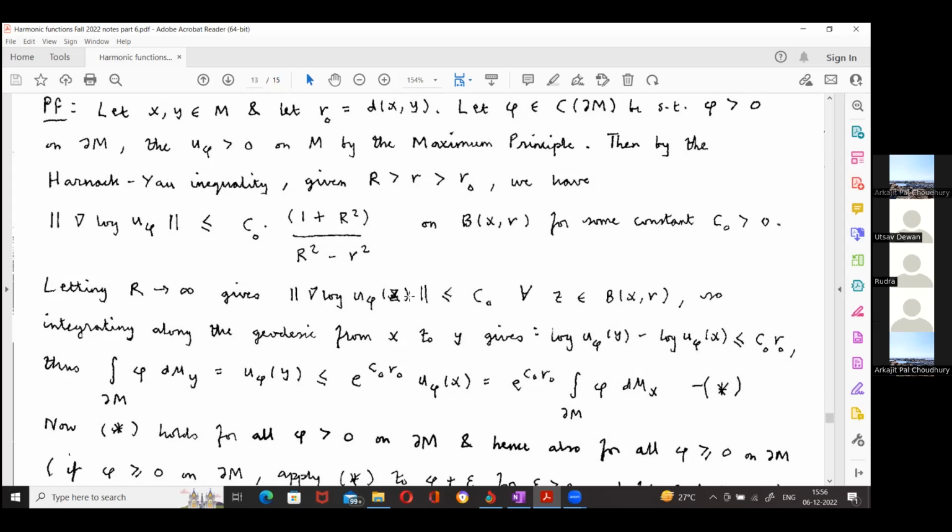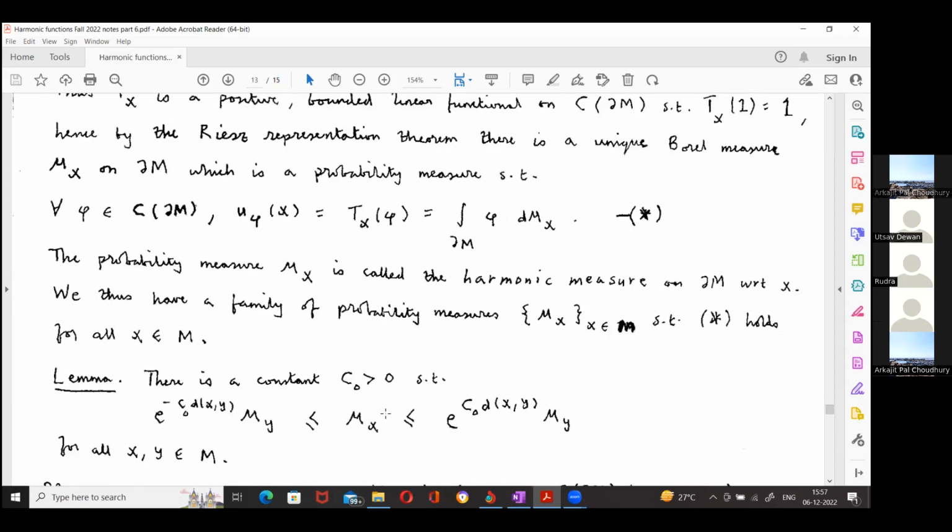And then you just integrate this, right? To get that u phi of y is less than or equal to e to the constant times the distance from x to y times u phi of x. And that gives you the inequality between the harmonic measures, right? The u phi of y is the integral of phi d mu y. This is less than e to the c naught r naught integral of phi d mu x. So this is true for all phi positive. And from that, it's easy to see the measures satisfy the same inequality, right? Is that clear? Yes.